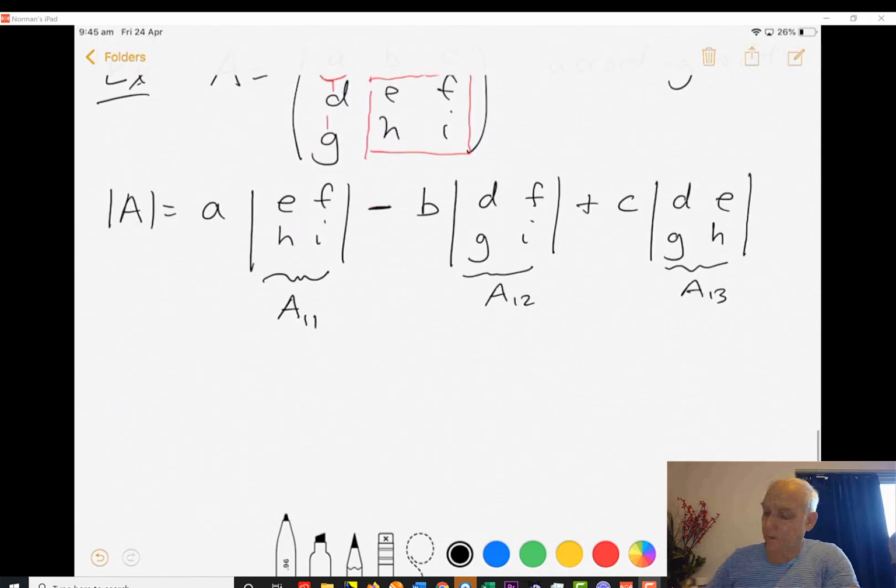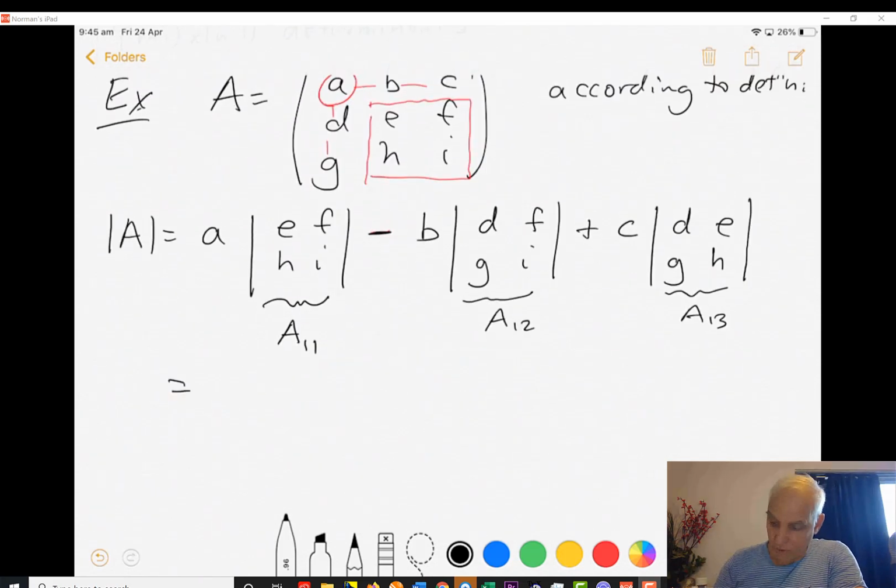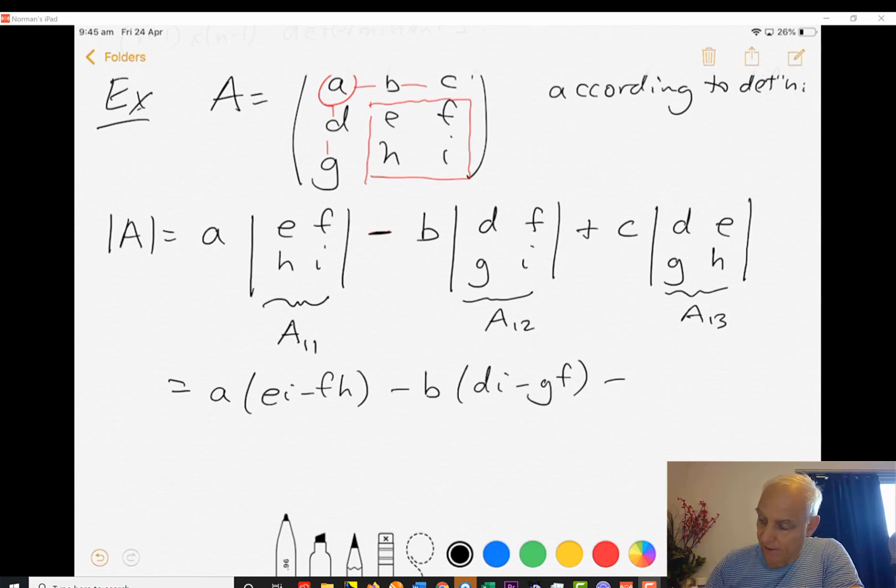So let's see what happens when we do that. This 2 by 2 determinant is EI minus FH. This next one is DI minus GF. And this next one is plus C times DH minus EG.